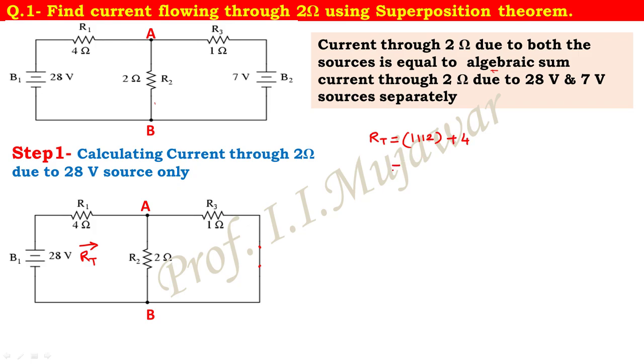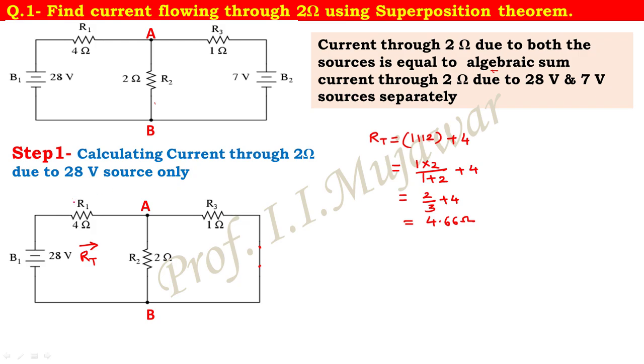So it is 1 into 2 divided by 1 plus 2, plus 4, that is 2 by 3 plus 4. Now this value comes out to be 4.66 ohm. So this is the resistance seen by the source.